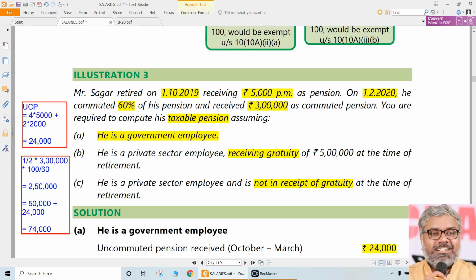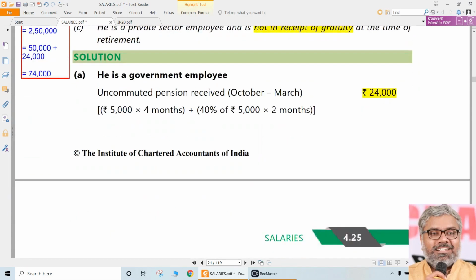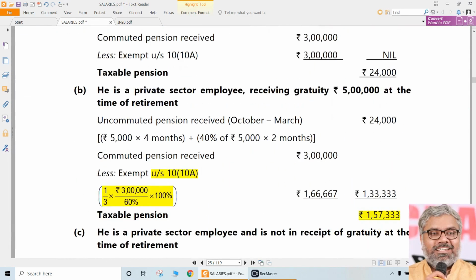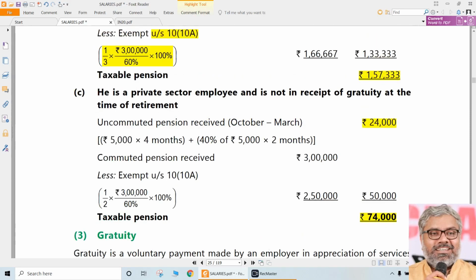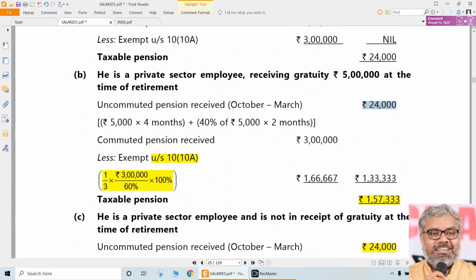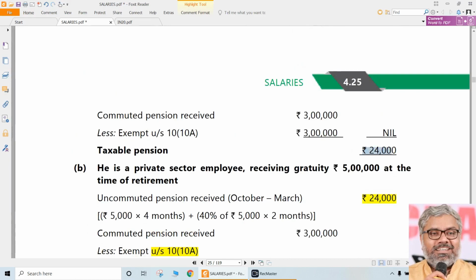We should be able to calculate the exemption in relation to the commuted pension received by the employee under 10(10A). So 10(10A) is giving exemption for commutation of pension. And we should also be careful about uncommuted pension. Without forgetting it, it always becomes taxable. Irrespective of the nature of the employee, this 24,000 would always be taxable.